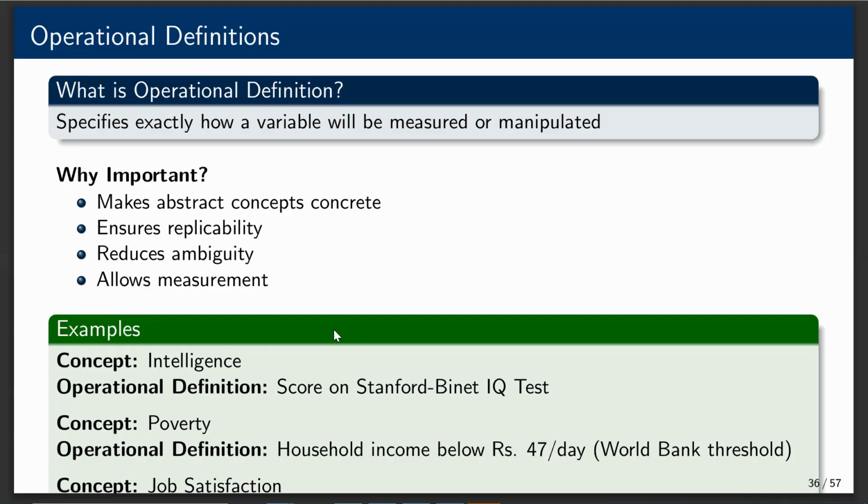Example, the concept intelligence: the operational definition is the score on the Stanford-Binet IQ test. Concept poverty: operational definition, household income below 47 rupees a day, that is a World Bank threshold. Similarly, for job satisfaction, you have to have an operational definition.